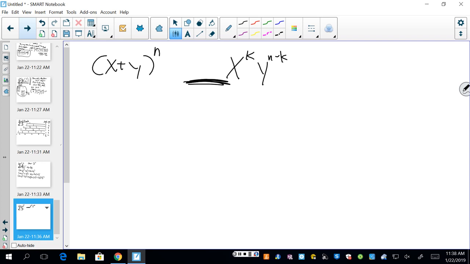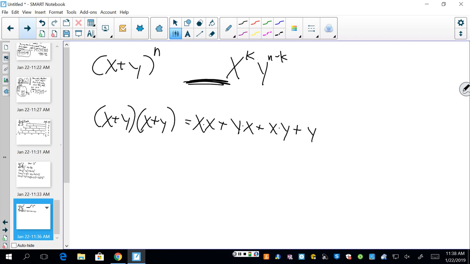Let's see, we can do x times x plus x times y plus y times y. So when there's 2 things multiplied together, everything that you expand has 2 in there, a certain number of x's and a certain number of y's.